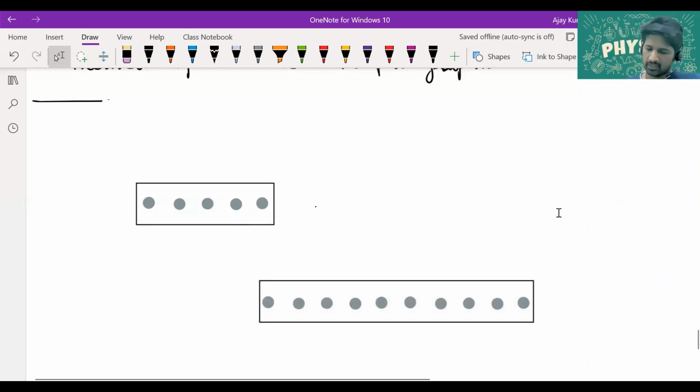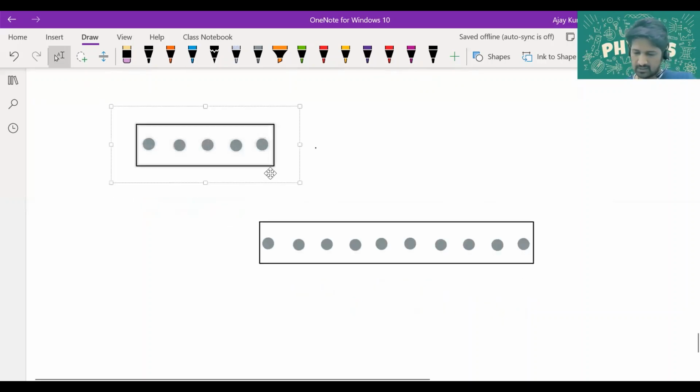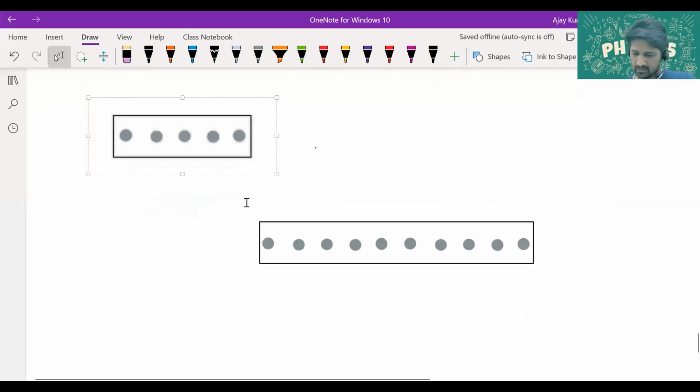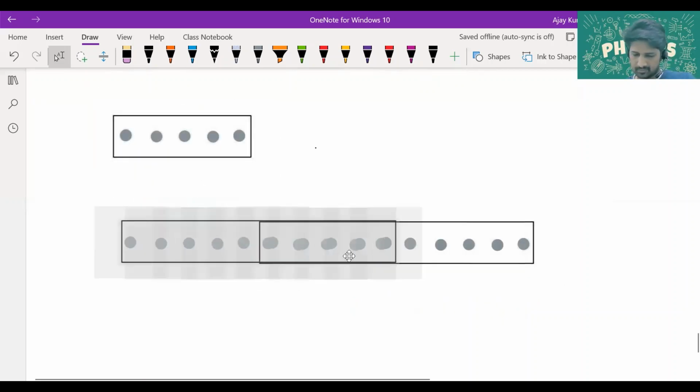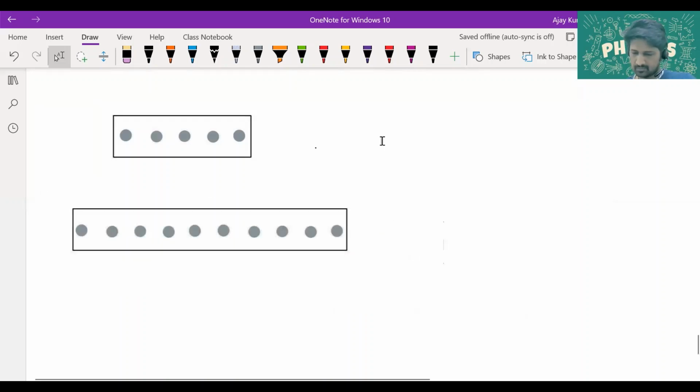Now, at one temperature, let's say temperature T1, let this be the situation. Assume at temperature T1, the gap between the molecules is x1. They need that much space between themselves. In both the objects, it will be the same, x1 and x1, because they are made of the same material.